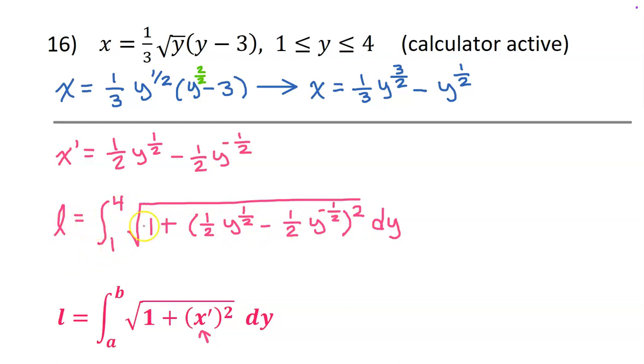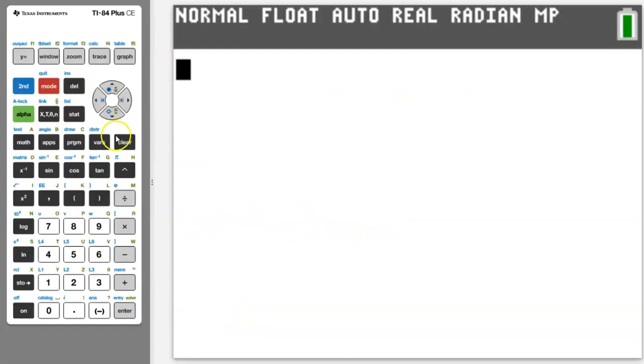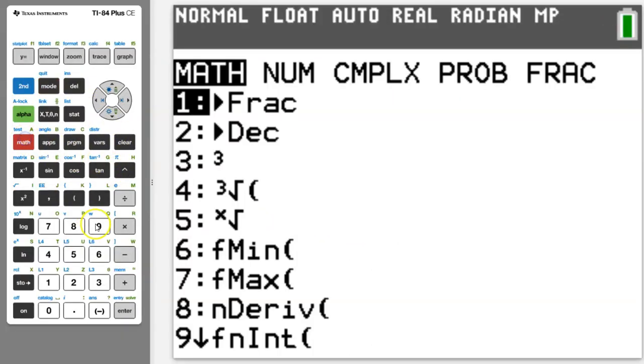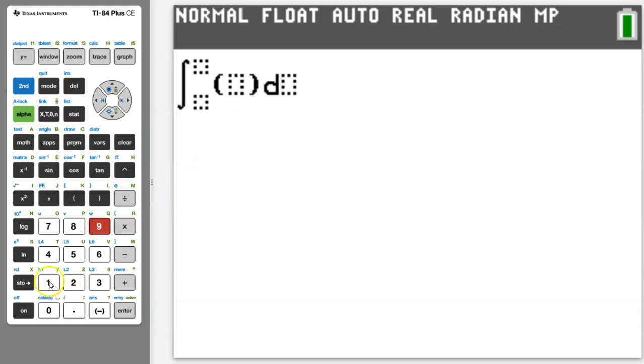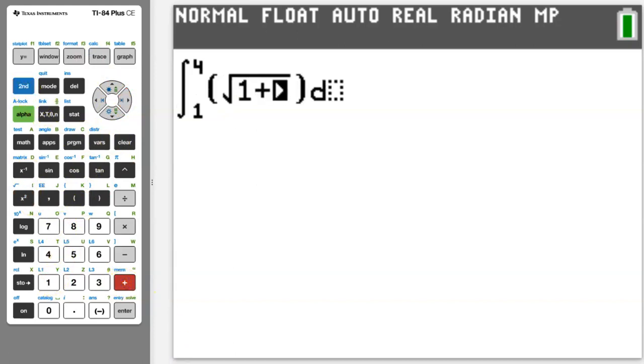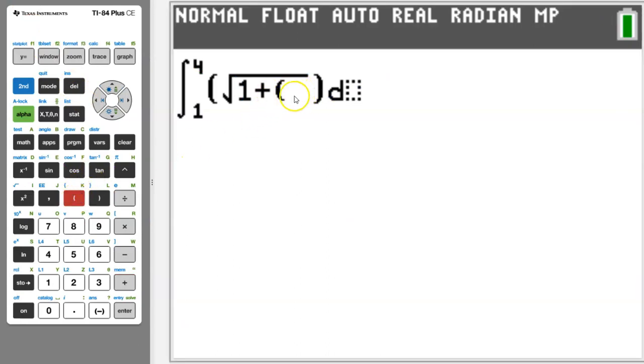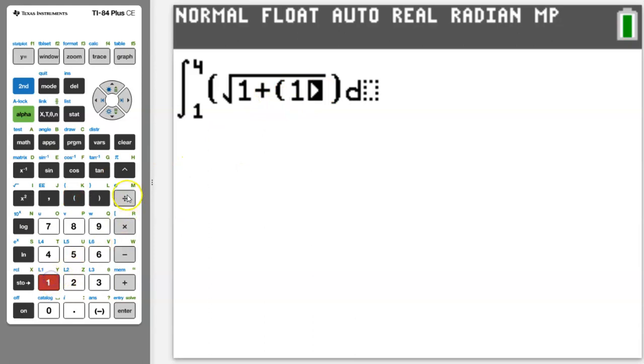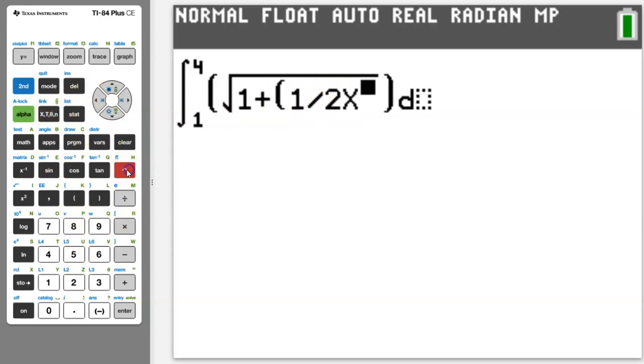All we have to do is type this into the calculator. For integrals, we do math 9. We are integrating from 1 to 4, and we want the square root of 1 plus, better put some parentheses here because we're going to have to square this expression, and then we have 1 half times y, well we can't use y, we have to use x, to the 1/2 power.